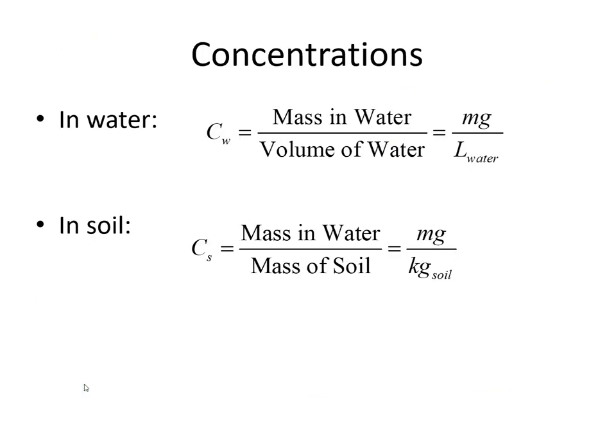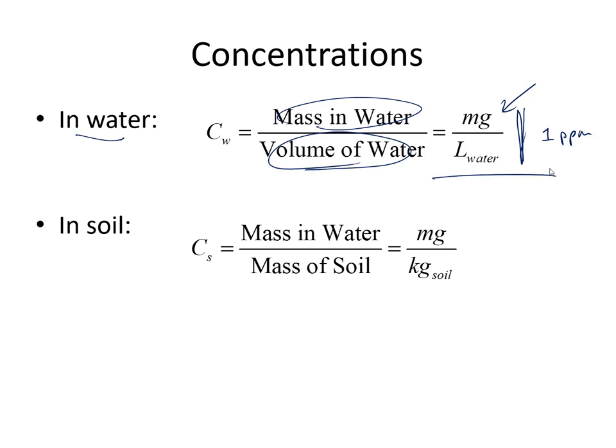Okay, so I want to just refresh your memory about how concentrations are expressed. In water, concentrations are expressed as mass in the water per volume of water, and we've just been seeing that. So milligrams of a contaminant per liter of water, that would be 1 part per million, and that's a common way of describing concentrations in water.